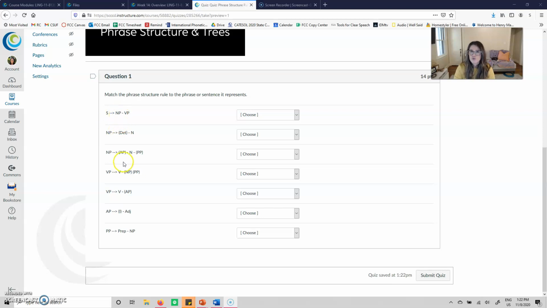So you're given the rule, just like you saw in those tables, off to the side. And in this case, it's telling you, okay, here you need both a determiner and a noun. In this one, you need an adjective, noun, and preposition, and so on and so forth. And here you've got all of your options. So you would just choose which of these phrases matches the phrase structure rule.